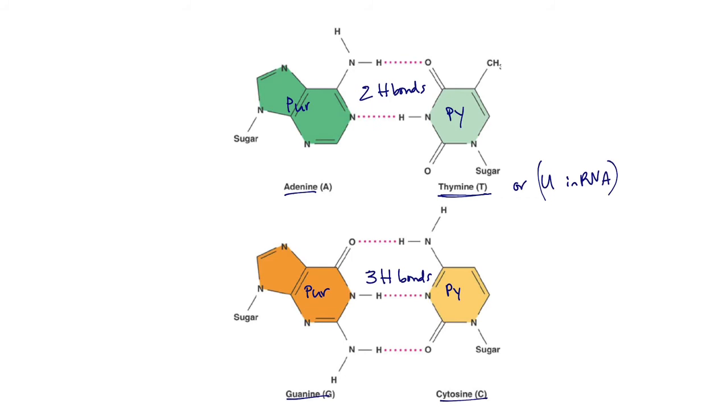Now, the consequence of having 3 hydrogen bonds for guanine and cytosine is that if we have a long stretch of G's and C's in the DNA, the complementary strand is going to have 3 hydrogen bonds between each of these pairs, so it's going to take a lot more energy to break this stretch of DNA apart than something of the same length that's made up of T's and A's.